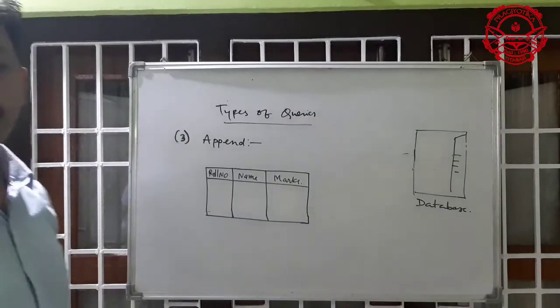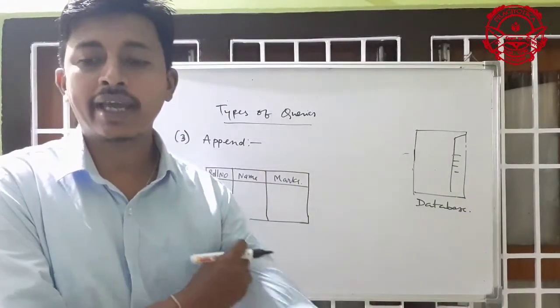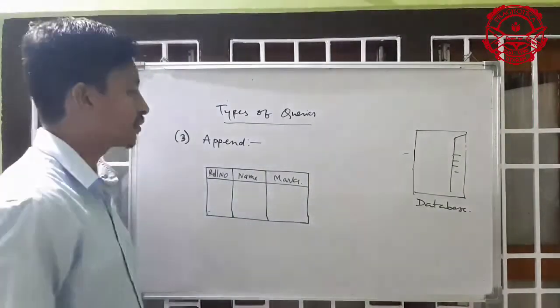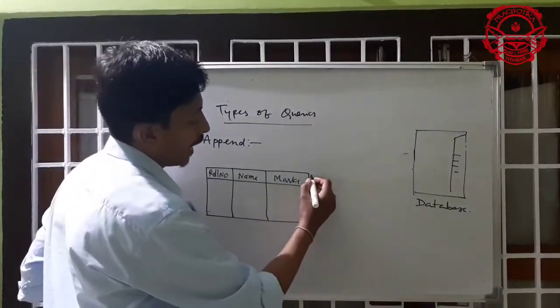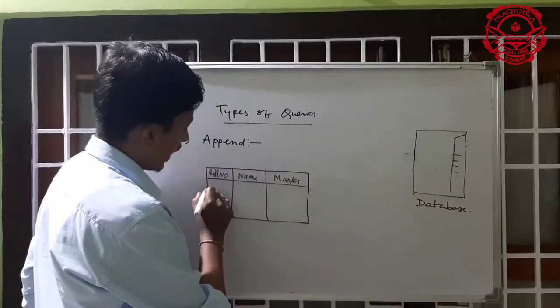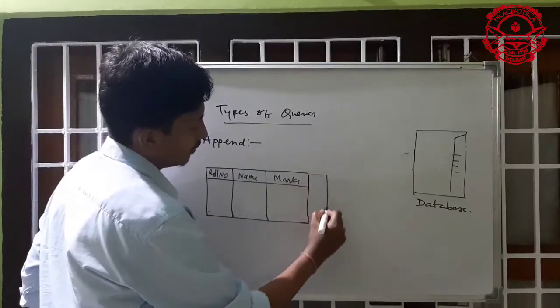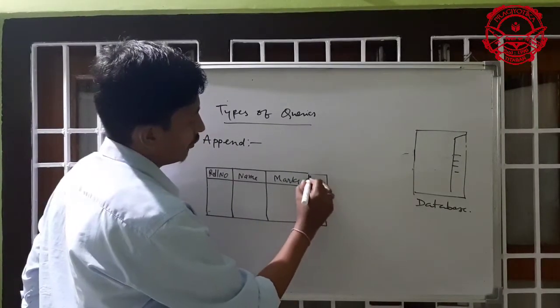Append means this query adds a record to the existing table. You can add new records. For example, say I want to add a new column here, say phone number.